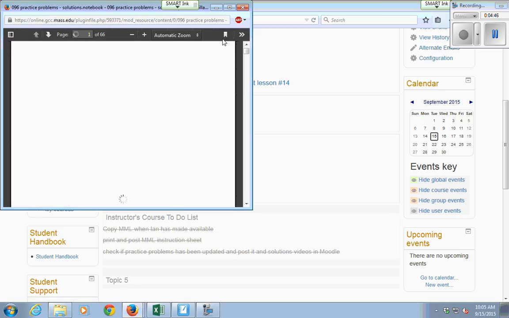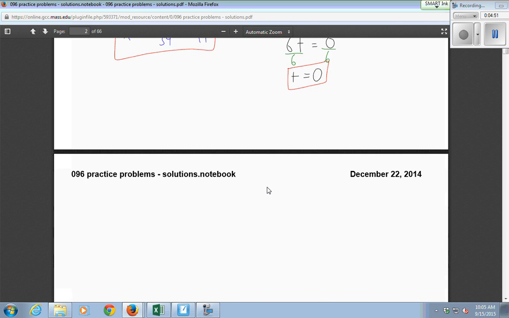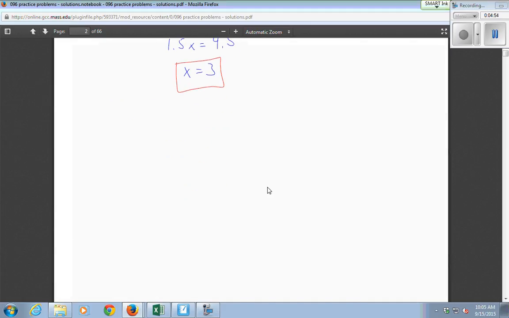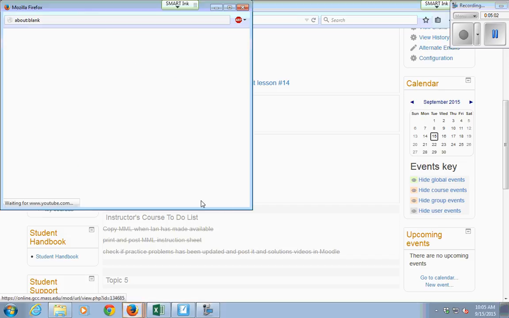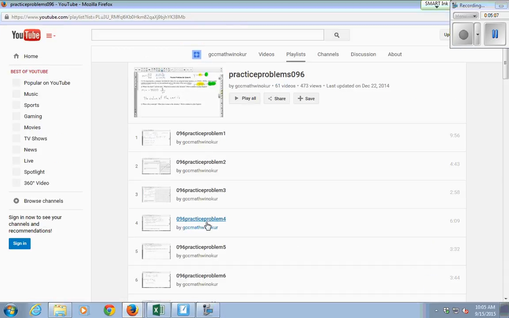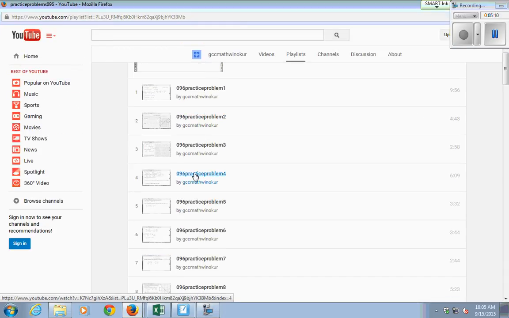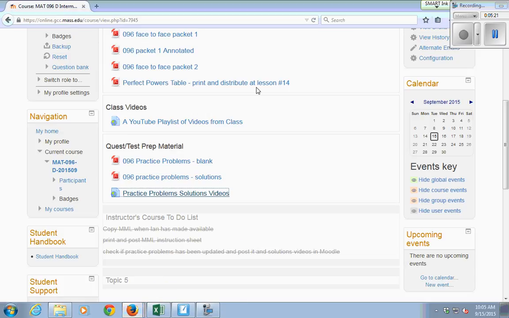So if we open that one up, you get a PDF where all the work is shown for every problem. So you can try to follow the written work, right? Or there's a link that says solutions videos. So this takes you to a playlist in YouTube, and each of the problems in that packet has a video of somebody solving it and talking you through it as they do the work. All right, so you have a lot of resources in terms of extra problems that you can work through and their solutions to help you get ready for the quest next class.